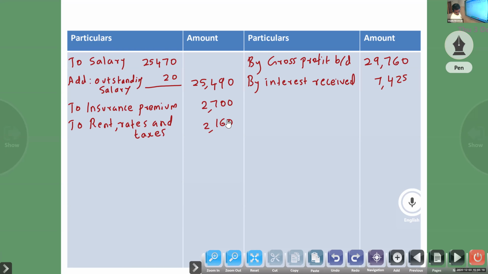Next, carriage outward. No adjustment to carriage outward. Sorry, I didn't write one item. Whenever we write salary, by commission it is given. By commission, credit side, commission received. Credit side means income, 1,575.